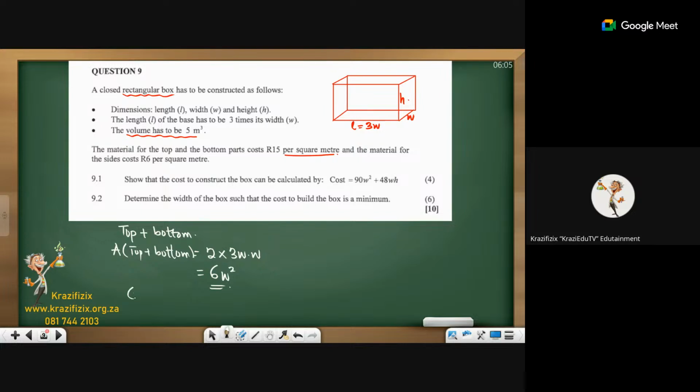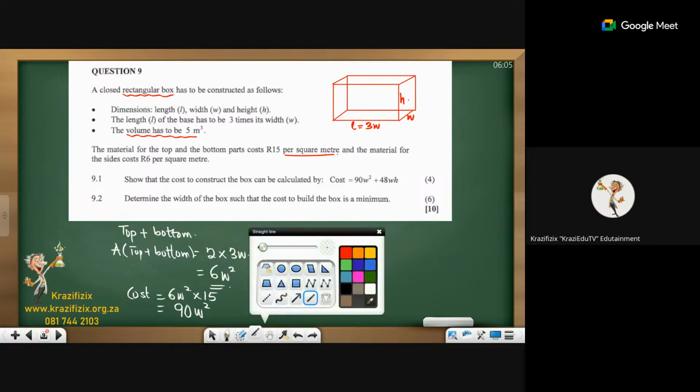Now, what is the cost of the top and the bottom? The material for the top and bottom is per square meter. Okay, awesome. Our cost will be 6W squared times 15, and that will give you 90W squared rands. Let's remove the R so it doesn't confuse us. All right, that is my top and the bottom.